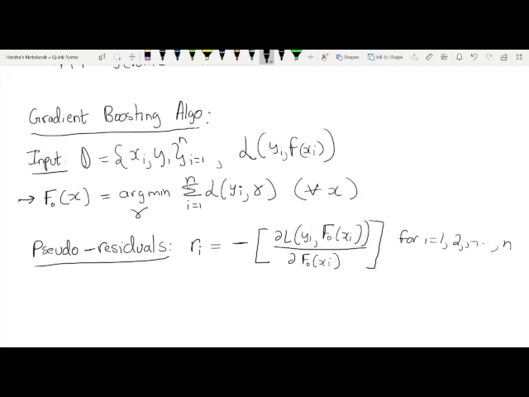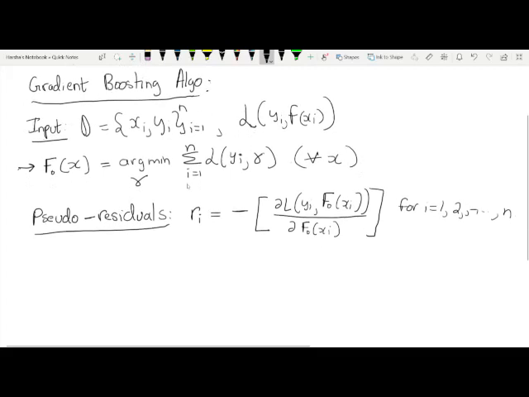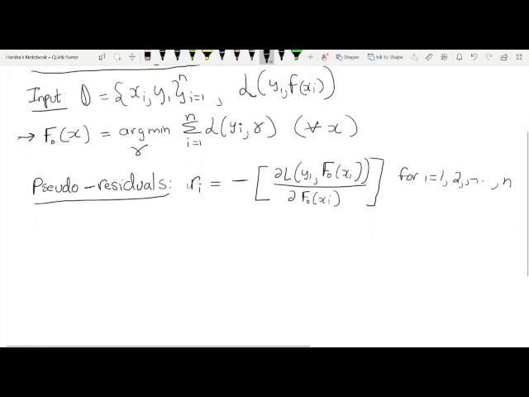If you remember what happens in boosting, the next step is to create a new dataset D1 equals xi, ri for i equals 1 to n, and we'll fit a base learner to D1, so that h naught is the result of an algorithm training on D1.